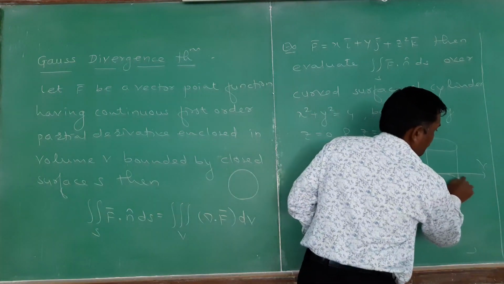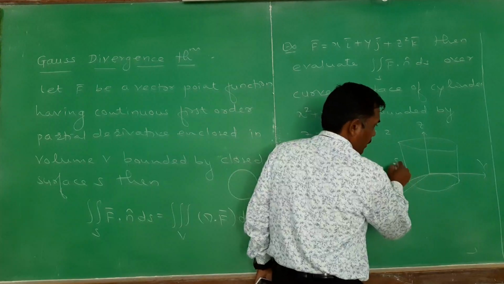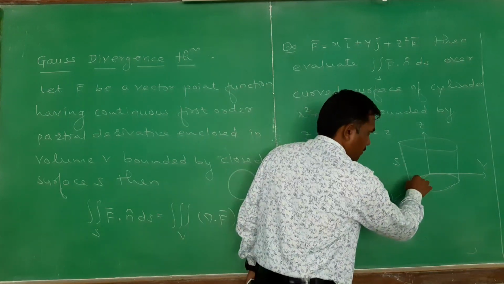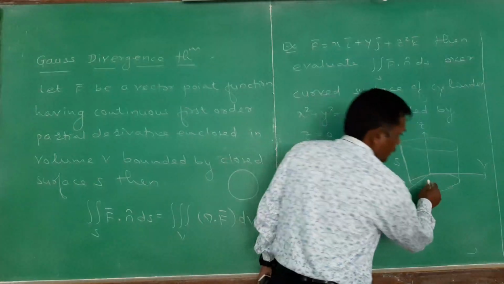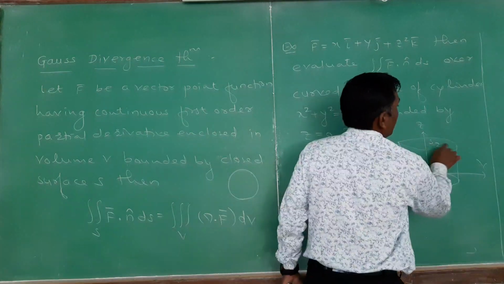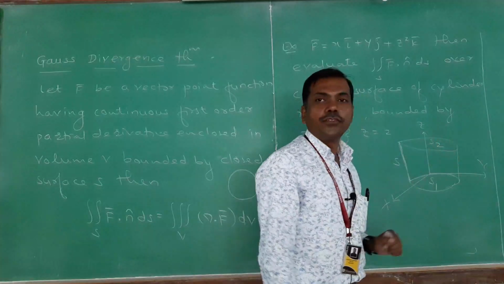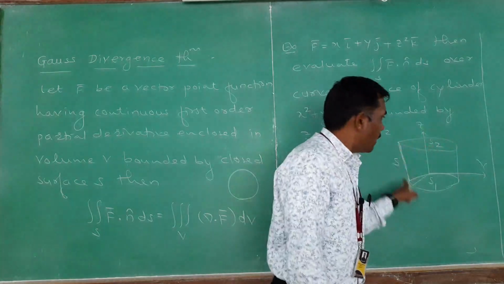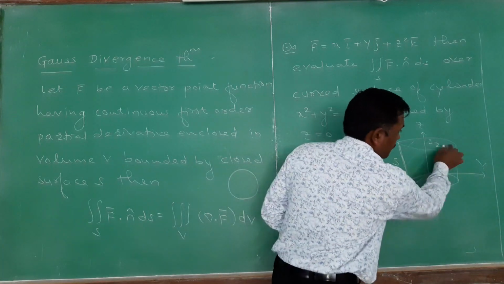So here 3 surfaces. This is curved surface, I call that as S. Over this curved surface we have given. Then this is S1 and this is our S2. So there are 3 surfaces, S, S1 and S2. So the cylinder has 3 surfaces and the volume is bounded inside this.